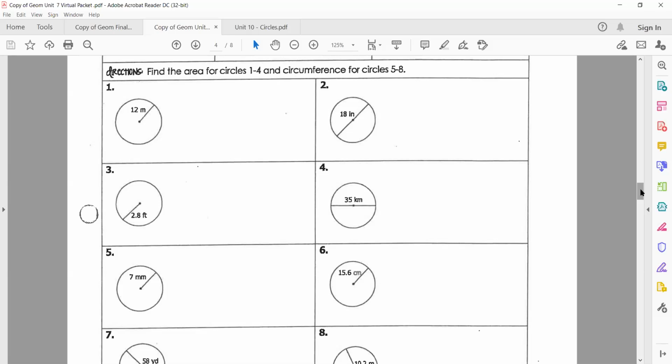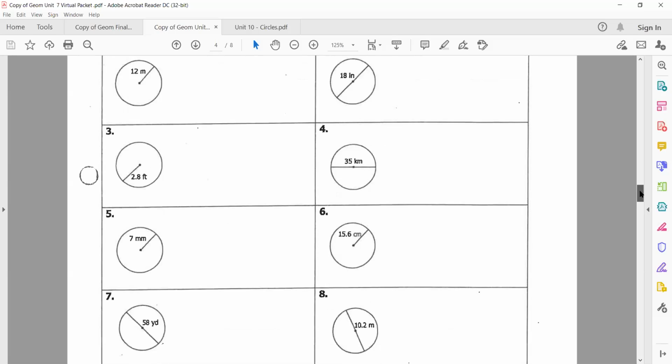I know 9 squared is 81. So what's 18 squared? Okay, 324. So it's 4 times as much. You're going to be off by a factor of 4 if you use the diameter instead of the radius. So be sure you pay attention to that.